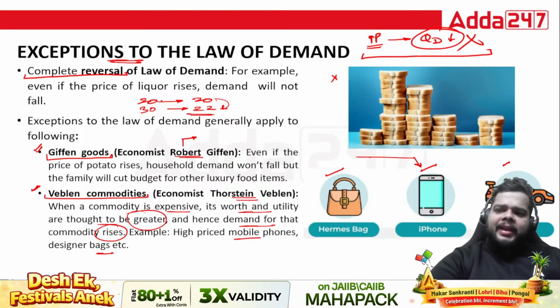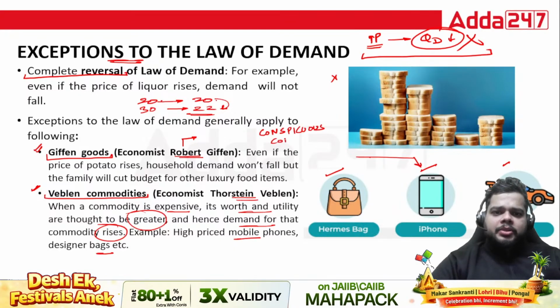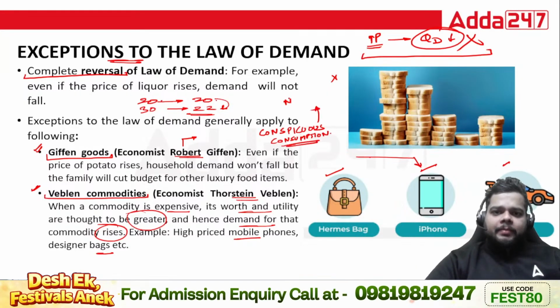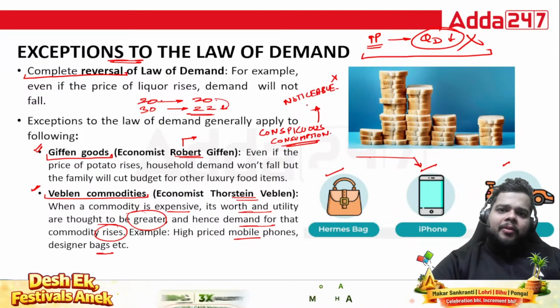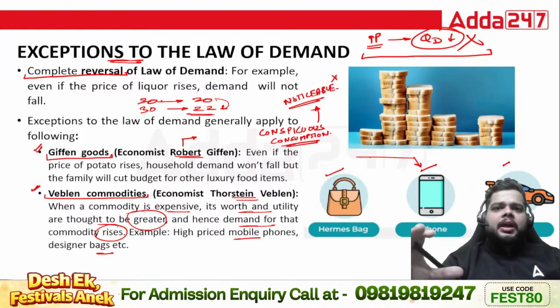And while defining the Veblen commodities, we have one important term, that is conspicuous. Conspicuous consumption. What is this conspicuous consumption? Conspicuous simply means noticeable, that you are able to notice a type of consumption pattern. Whenever you are driving on the road and you see a luxury car, right?